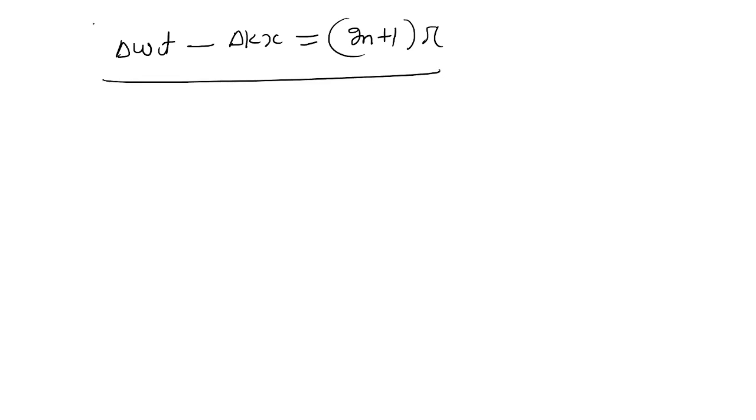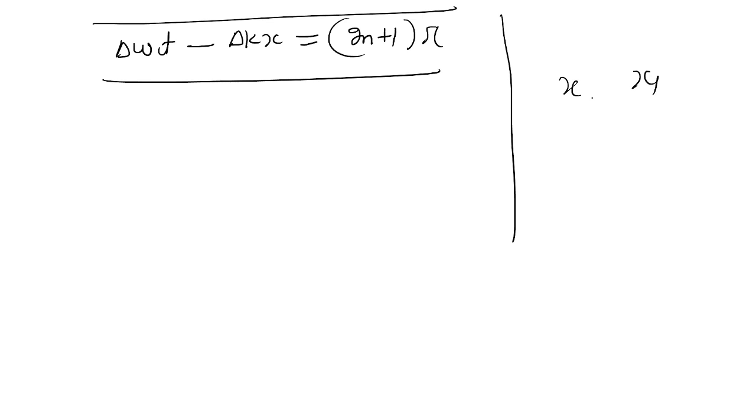So finally we get Δω t − Δk x = (2n+1)π. Now this is the expression that we get. Now we have to put the values of x1 and x2. x1 and x2 are two consecutive nodes.